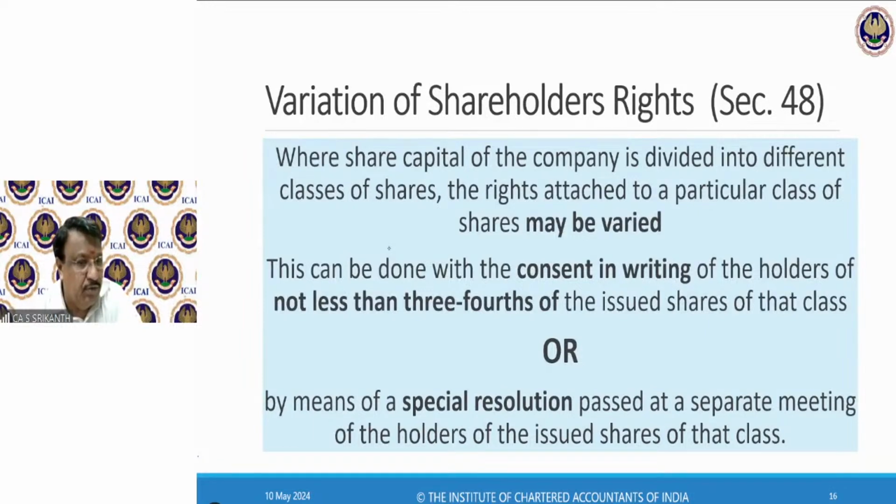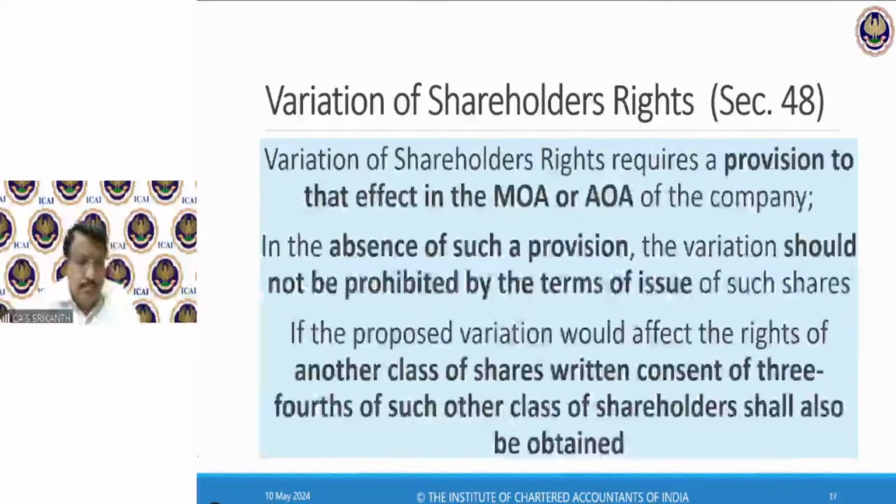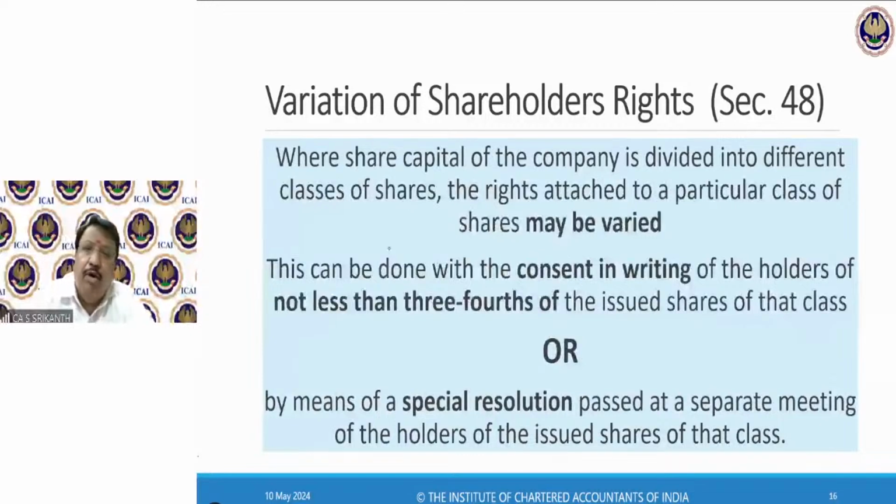That is called a special resolution, right? I don't know how many of you later went and referred to the section, because many of you may be thinking special resolution means 3/4 majority, 2/3 majority. Srikanth is telling some nonsense, what is this 3 times? No, sir. You please go and refer to the section in management and administration.